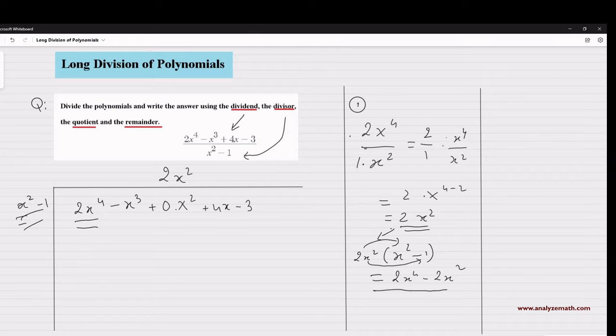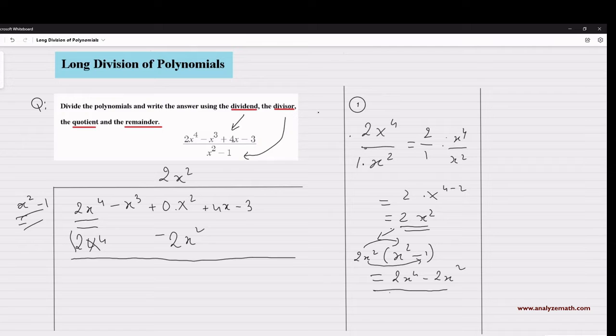What do I do now? I put this polynomial here under the dividend, 2x^4 minus 2x^2, putting like terms in the same column.